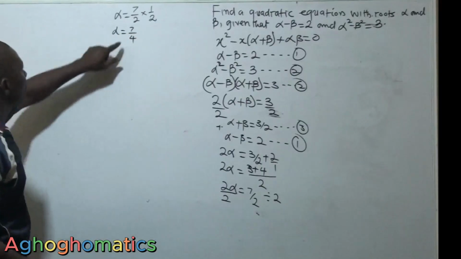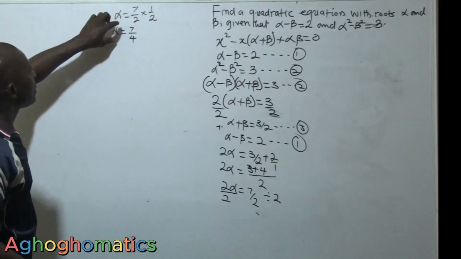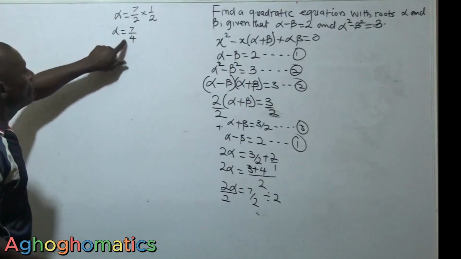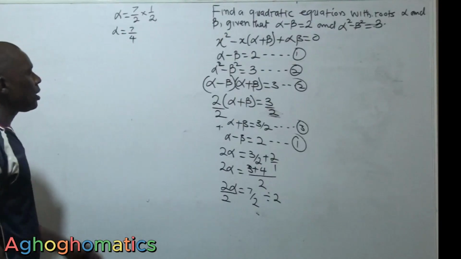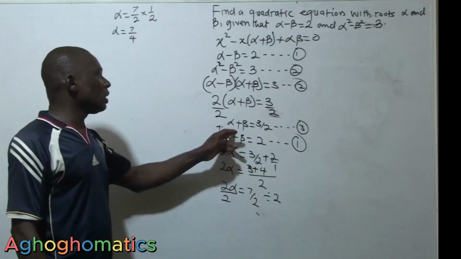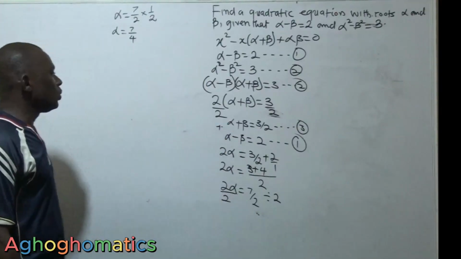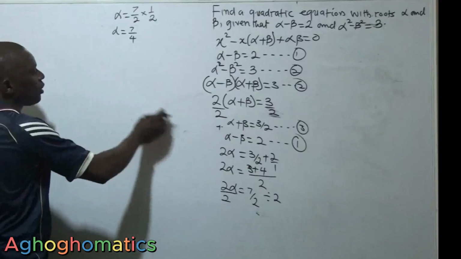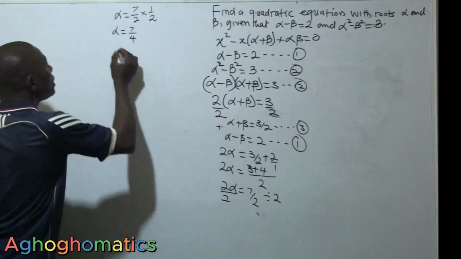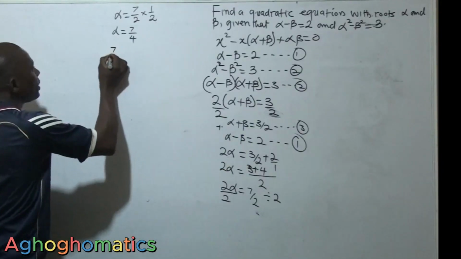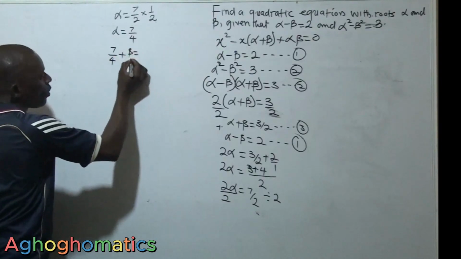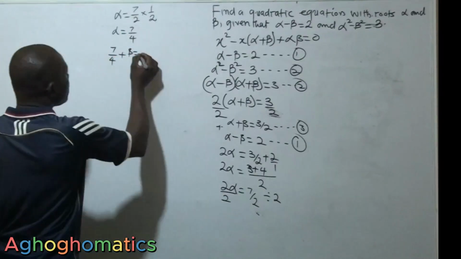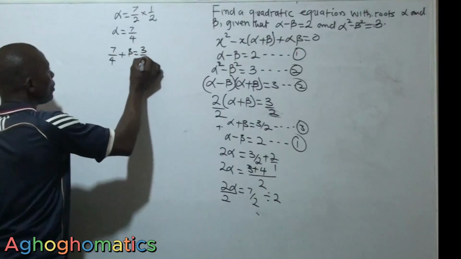Then with the value of alpha being 7 over 4, we can also find the value of beta by putting it into either equation 3 or equation 2. So let's put the value of alpha into equation 3, which becomes 7 over 4 plus beta is equal to 3 over 2.